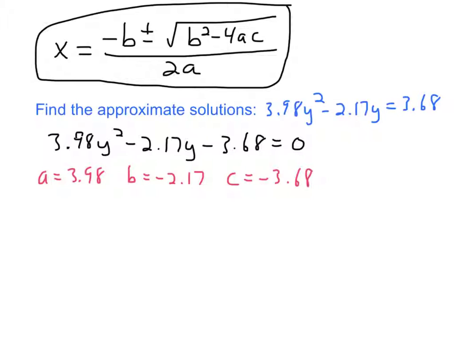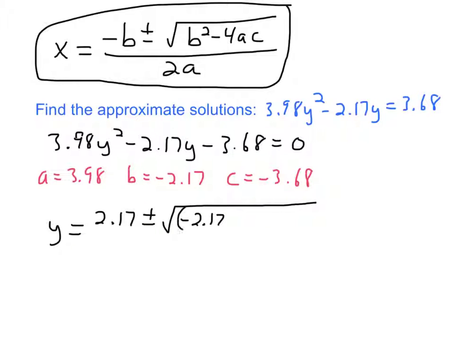So we'll get y equals negative b. Now b is already negative. So here's a case where we want to take the opposite of b. So that would be positive 2.17. So 2.17 plus or minus the square root of b squared. So that would be negative 2.17.